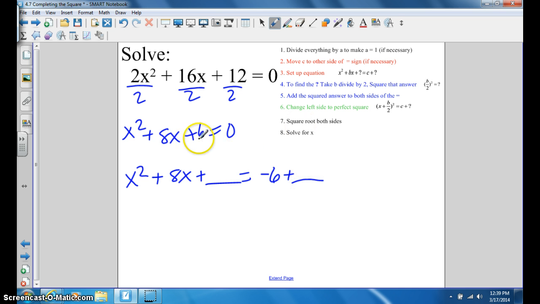Okay, because we had to subtract 6 from each side, so that's how we have negative 6 over here. Add something to each side. And the next step, so to find these spots here again, once again we have to take half of b and square it. So half of 8 is 4, so we can put the 4 here, and 4 squared is 16.